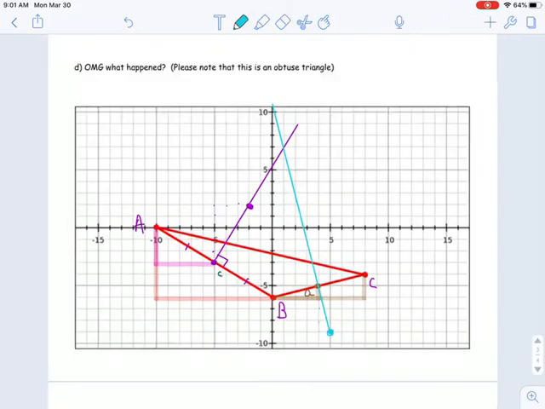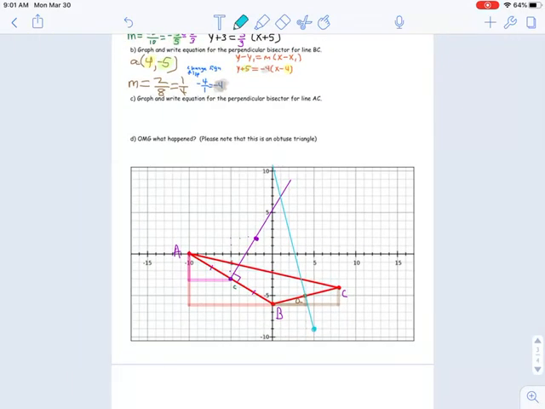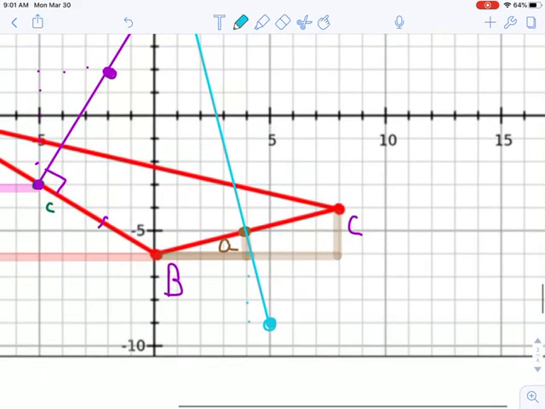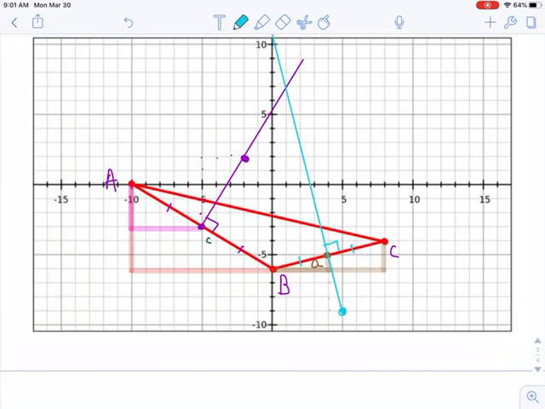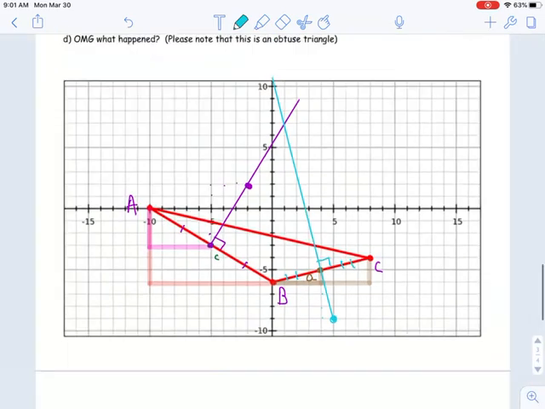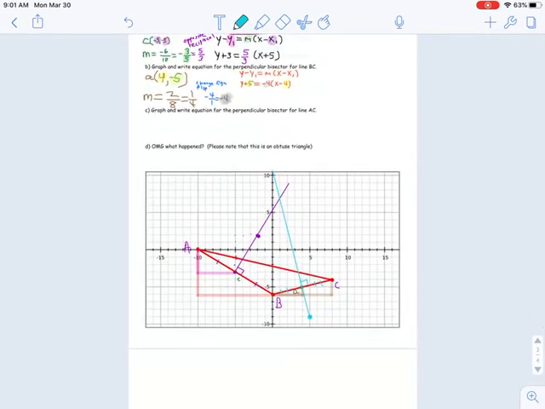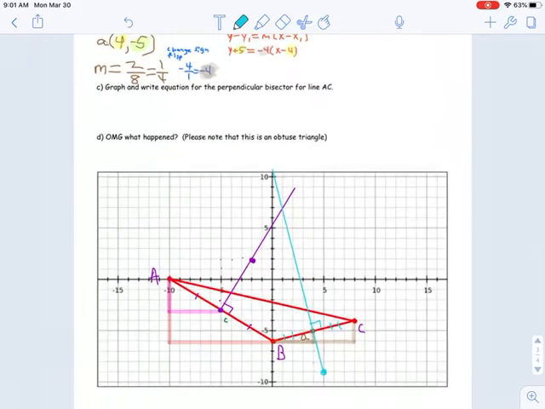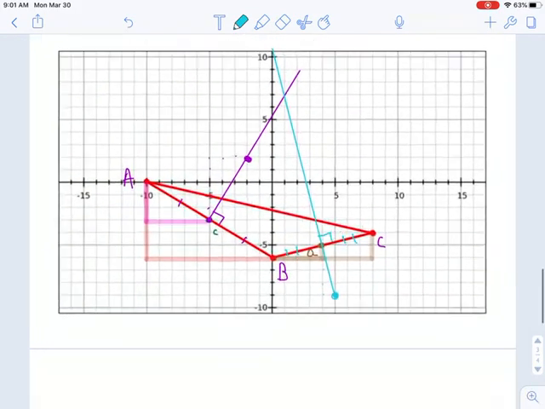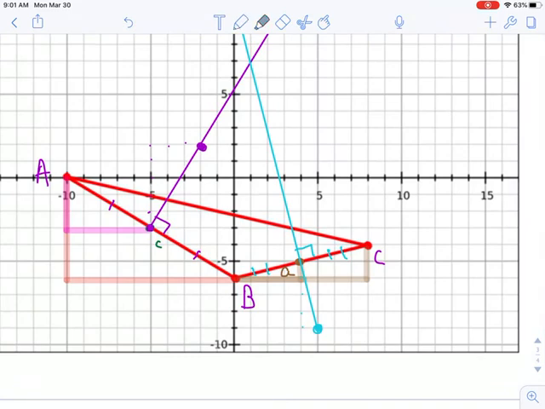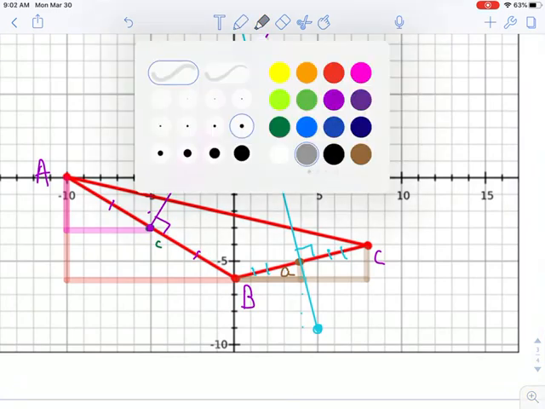Alright. Nice. And now we're going to do the same thing for line AC. We're going to make another perpendicular bisector. So just to emphasize, these lines are perpendicular and they bisect. We found the midpoint, we're finding perpendicular slopes, we're graphing lines. This is intense math right here. Alright, so first we need to find the midpoint of AC.